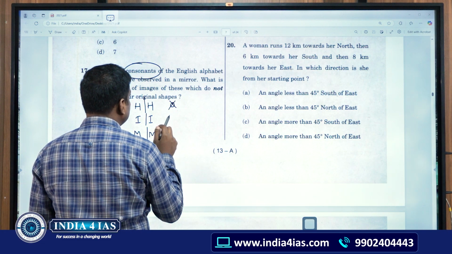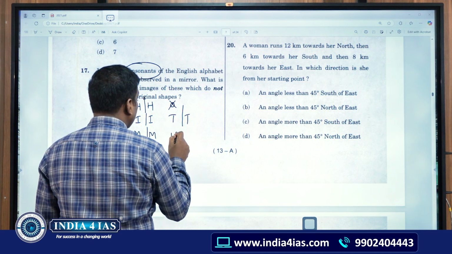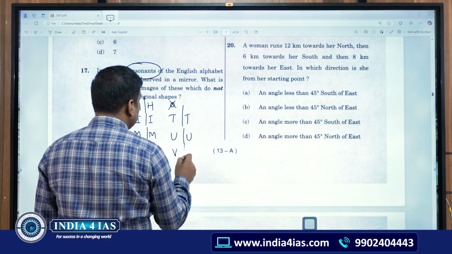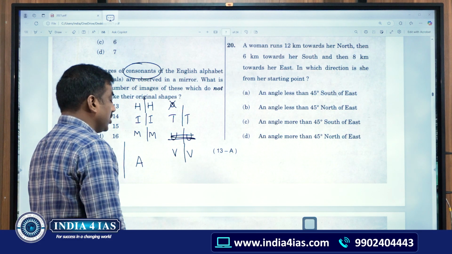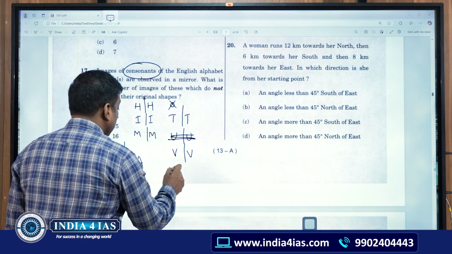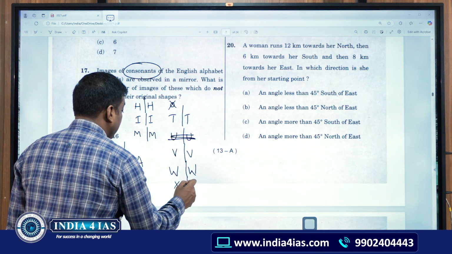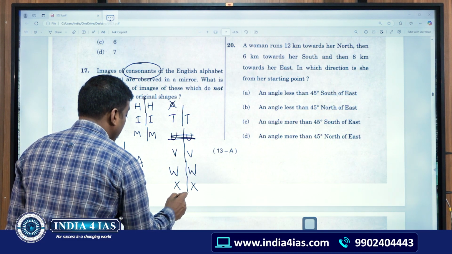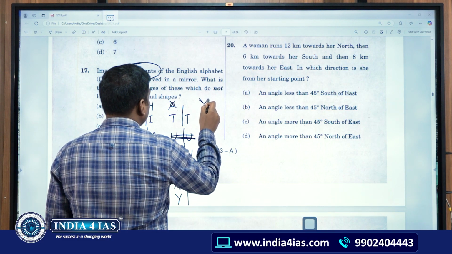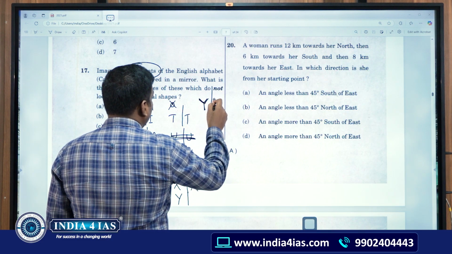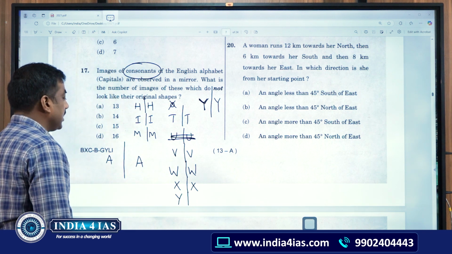P, Q, R, S doesn't look like it. T looks like it. U, yes, looks like it. V, yes, but this is not a consonant. Then W, yes, looks like it. Then X looks like it. Then Y. Actually, the Y we write is this one. So Y also looks like that.